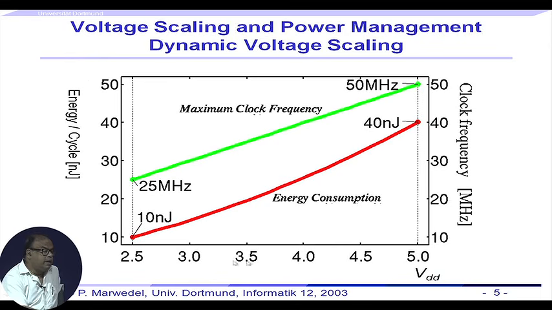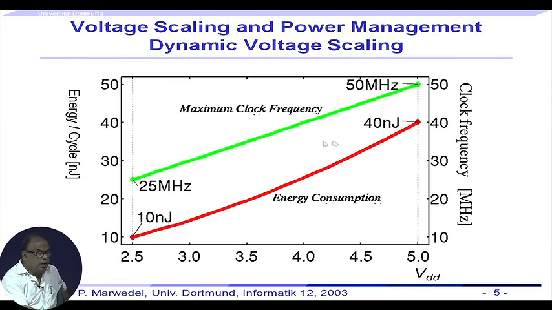On the other hand, as I increase the VDD, on this axis, which is energy per cycle in nanojoule, it is increasing more or less quadratically. At 2.5 volt I am consuming 10 nanojoule, whereas at 5 VDD I am consuming 40 nanojoule.